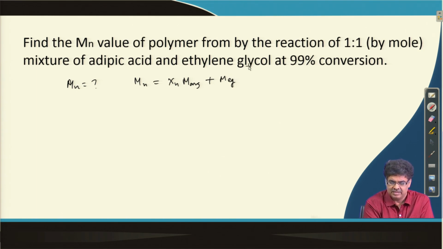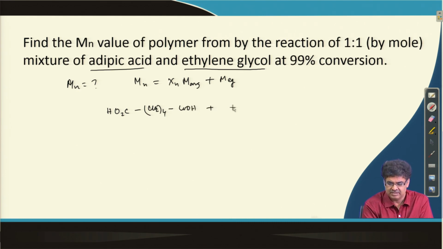The polymer is the reaction of adipic acid and ethylene glycol. So, if I write the structure of the 2 monomers, this is adipic acid plus ethylene glycol.